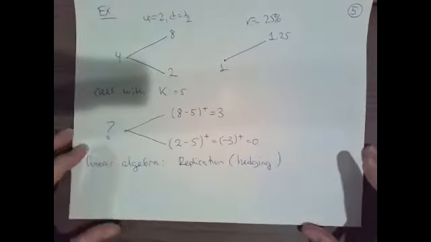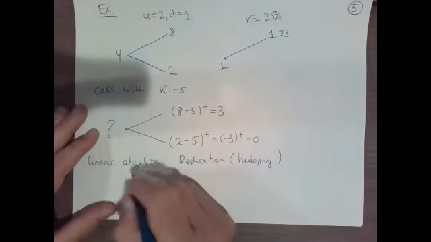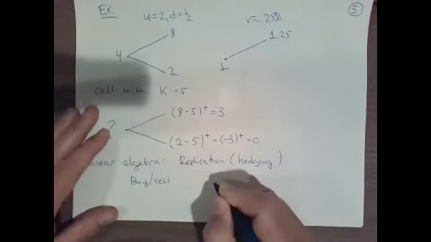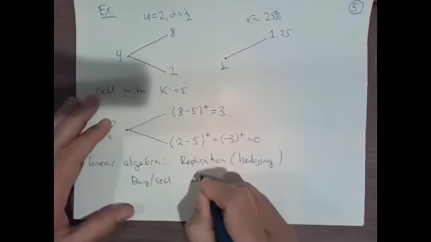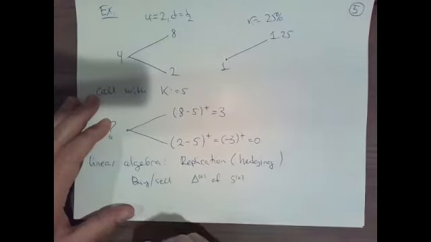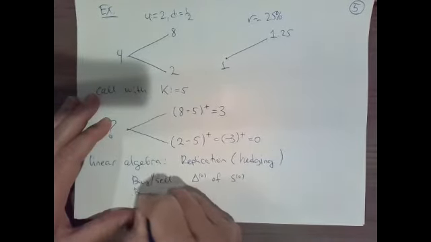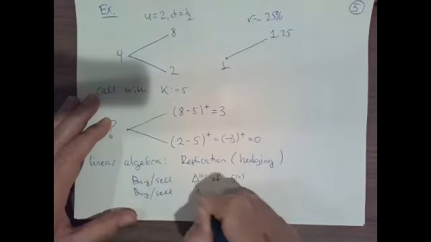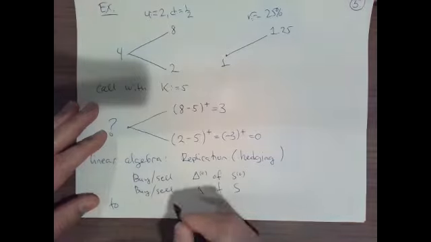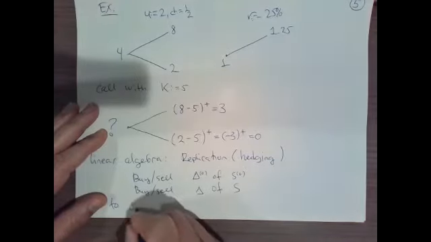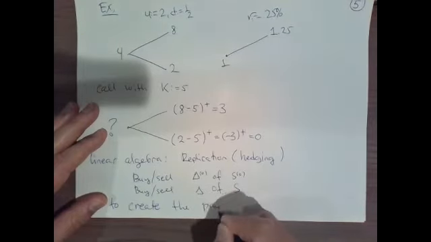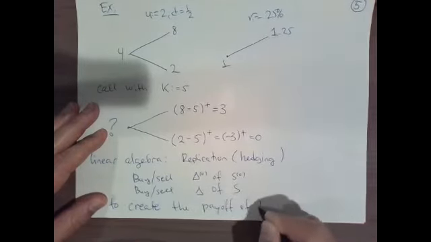And what it means is that we should buy or sell units of the bank, and we should buy or sell units of the stock, to synthetically create the payoff of the call.